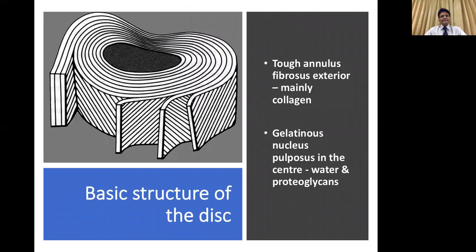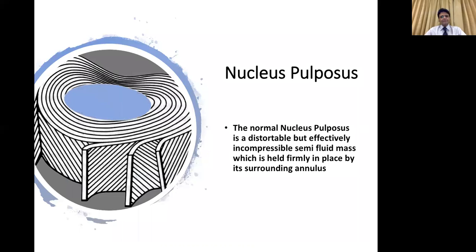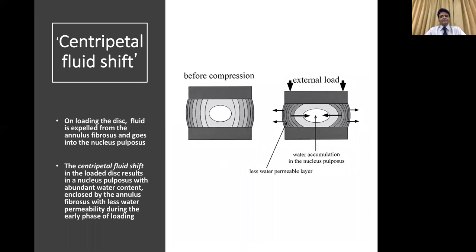What is the basic structure of the disc? There's a tough annulus fibrosus, mainly collagen on the periphery, and a gelatinous nucleus pulposus with proteoglycan in the center. The normal nucleus is a distortable, but effectively incompressible semi-fluid mass, which is held firmly in place by its surrounding annulus.